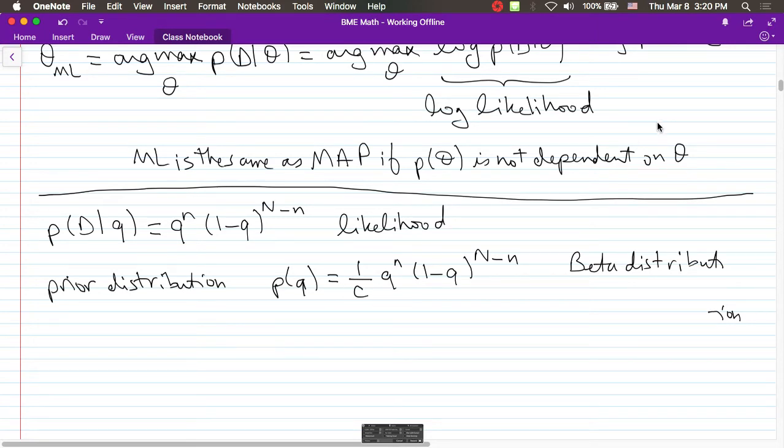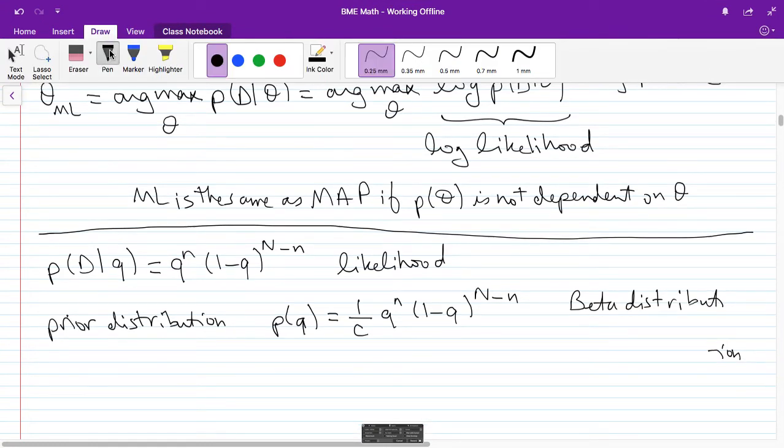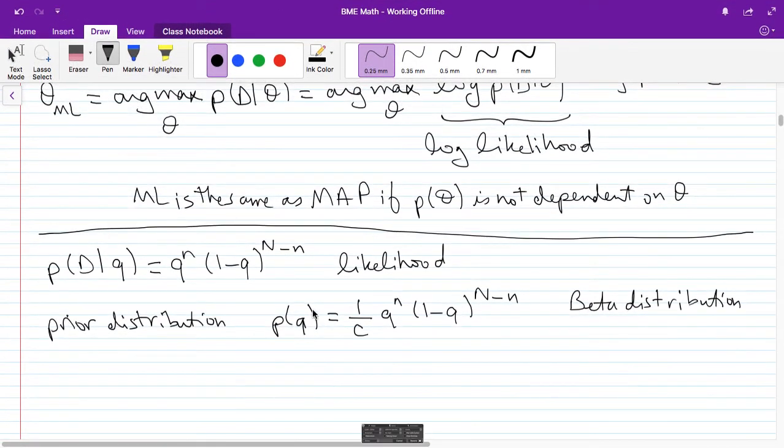So 1 over C would be the integral of this. That's the normalizing constant.